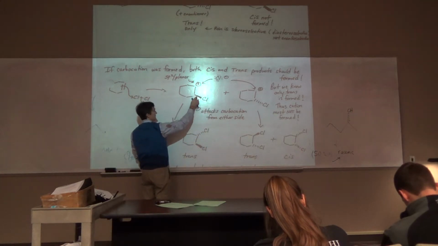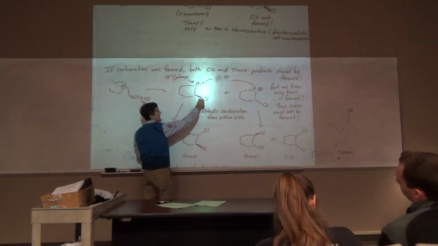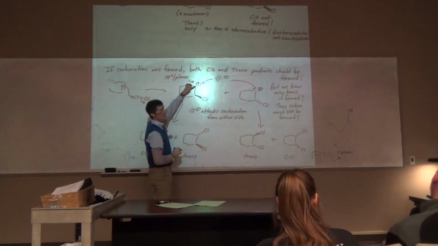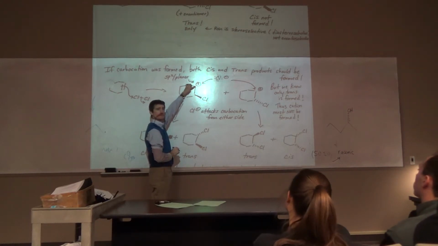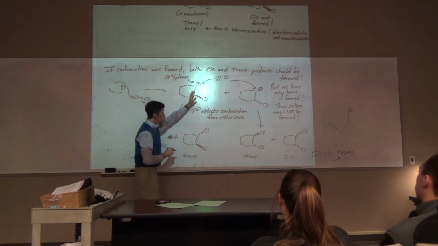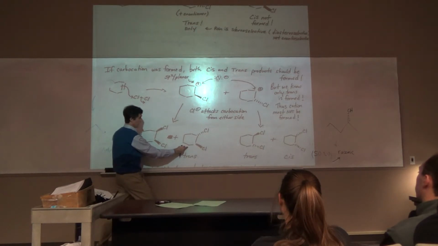But let's focus on this. If this was the intermediate, and this chlorine attacked, how do you attack the carbocation? From which side? Either side. So if this was the intermediate, you should get both of these.